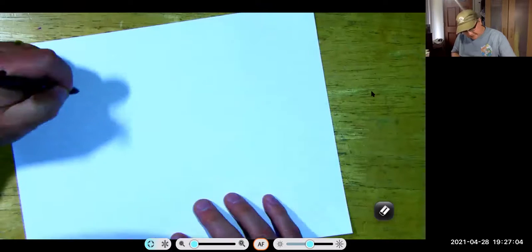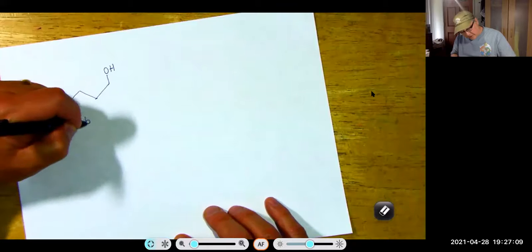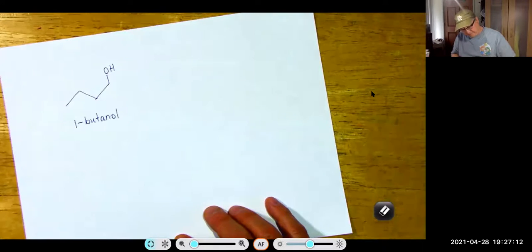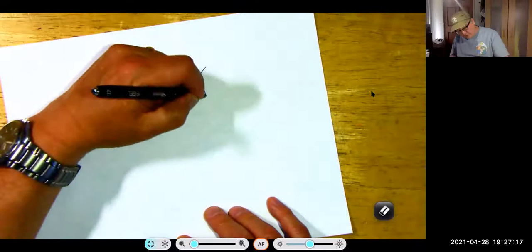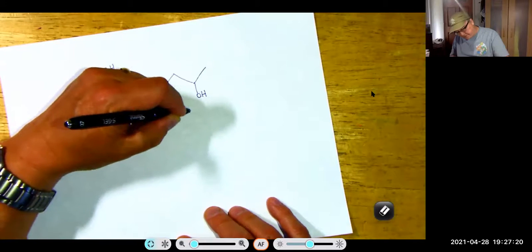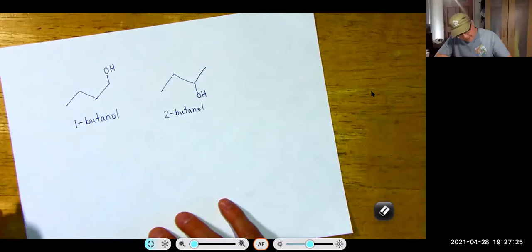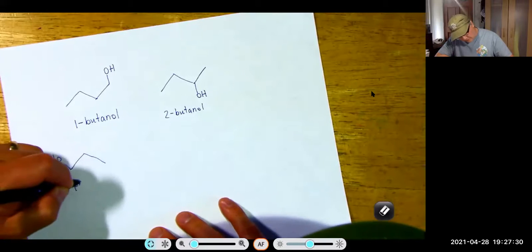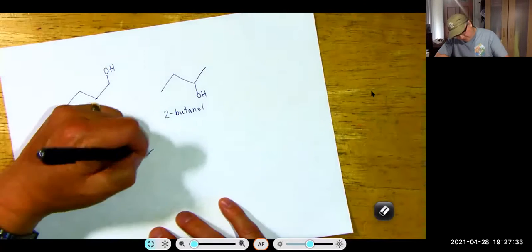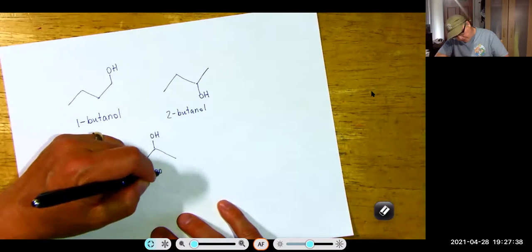For instance, if you were to name this guy here, this is an alcohol. It's called 1-butanol. Name this guy, it's called 2-butanol. And if it was 3, it would just be a propanol instead? Yeah, if you had this, this is 1-propanol. This is 2-propanol.